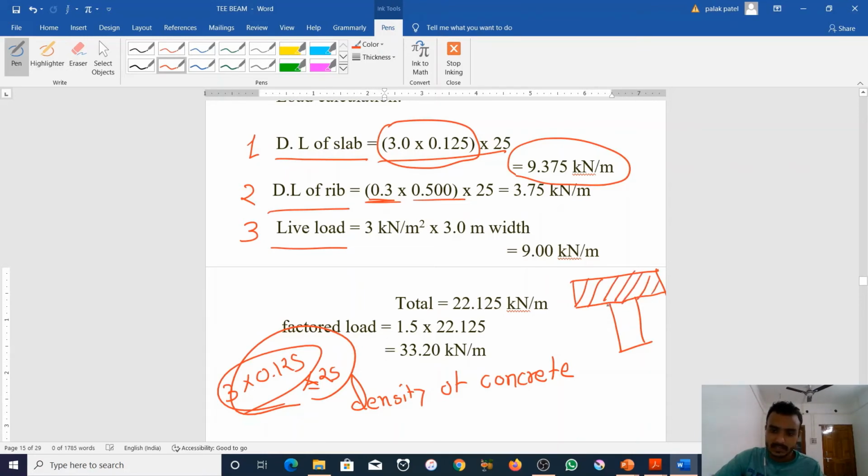And the depth of web is missing, so we assume 500 here. This 500. This is 300. So 0.3 and 0.5 is this.